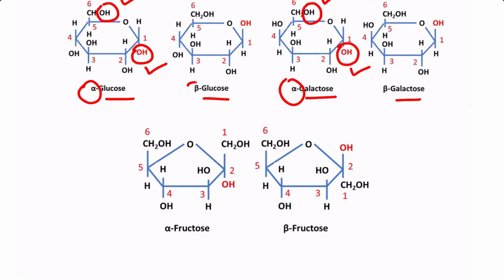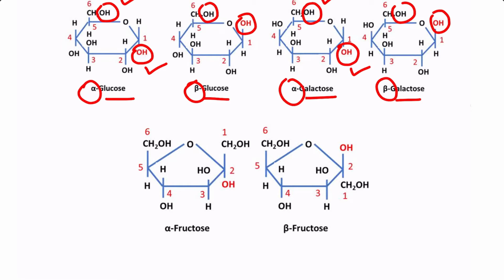Whereas in beta configuration, the hydroxyl group that is attached to the C1, this one, and the hydroxyl group attached to the C6, this one and this one, are placed on the same side of the ring, right?